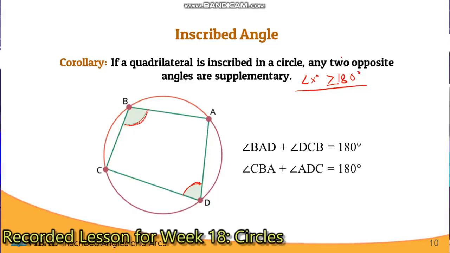So, meron tayong mga conditions dito. You have angle BAD, this one, plus angle DCB, ito, is equivalent to 180 degrees.